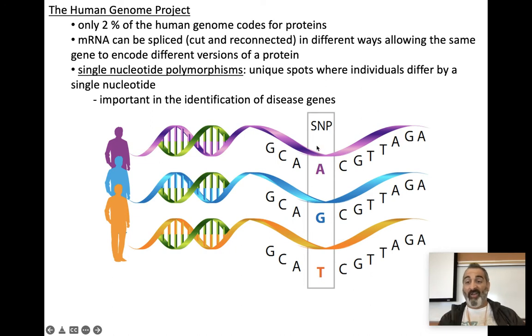We can figure that out, and we can use that information to identify whether someone will have or has a particular disease. If you remember, we did an example in class, a sickle cell laboratory, where you diagnose diseases using restriction enzymes. If you probably remember, there was one difference between healthy DNA and sick DNA. Well, one difference means it was a single nucleotide polymorphism, or a single nucleotide difference.